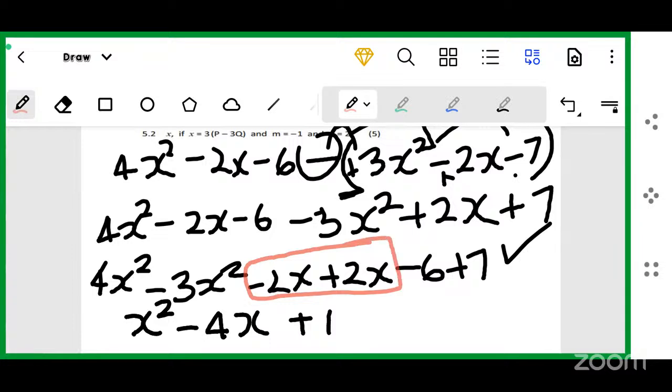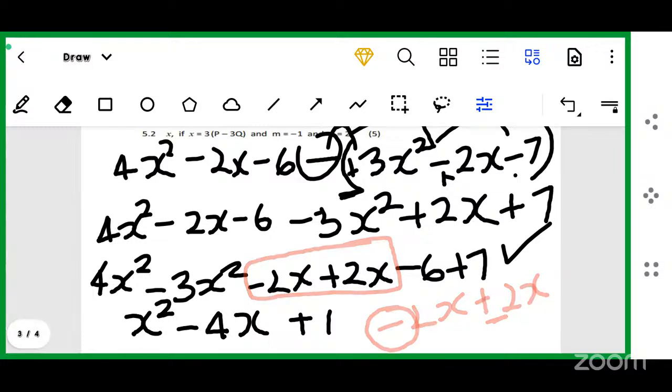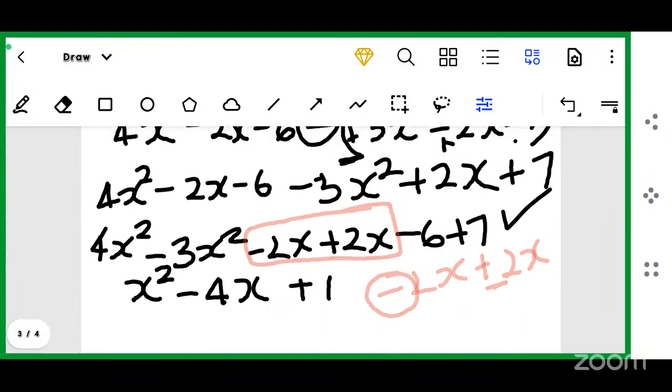So you see this one? Negative 2x plus 2x. Remember when you see this, you are dealing with subtraction.